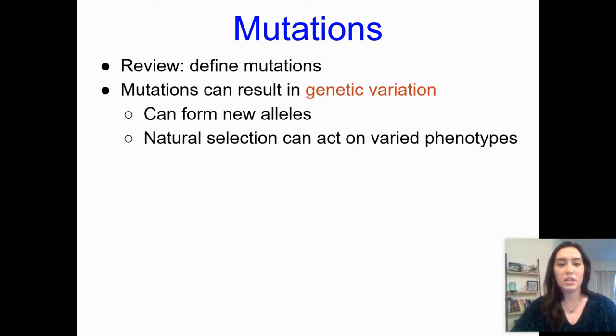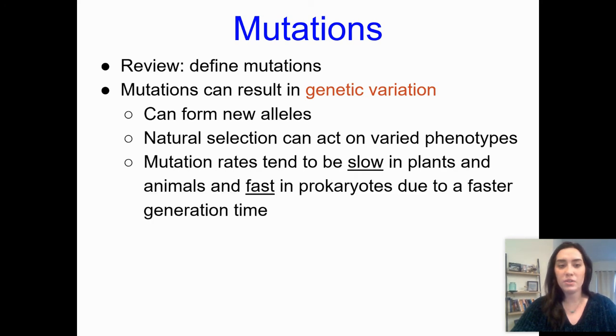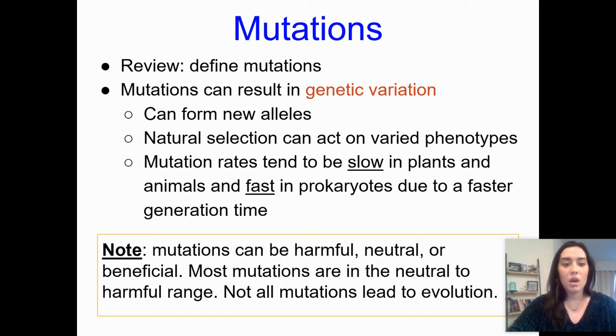Natural selection can act on varied phenotypes, and mutation rates tend to be slow in plants and animals because we have very long, drawn-out generation times, whereas in prokaryotes, mutations are very common because the generation time is so much faster than in plants and animals.